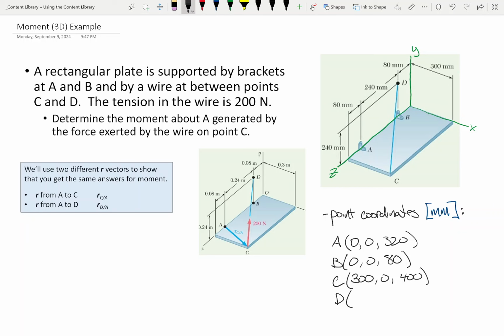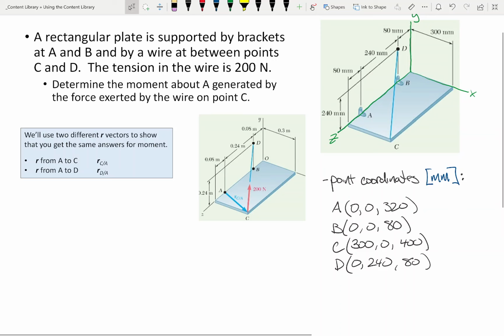No. What about y? 240. And then z? 80. There you go. Does that make sense? All right, so far so good?